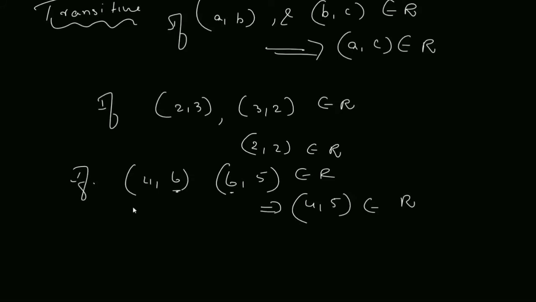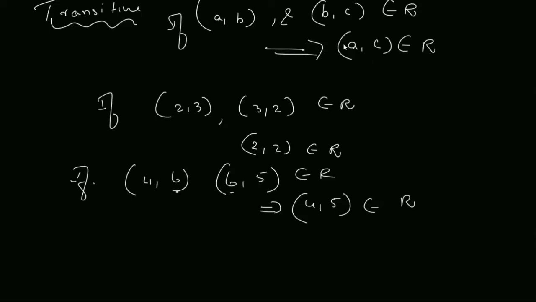The very important thing is, in a relation, if this hypothesis or this condition exists, only then we should check for the other condition. If (a, b) and (b, c) exist, then we have to check for (a, c). Suppose the condition (a, b) and (b, c) doesn't exist, then it is taken for granted that it is transitive.